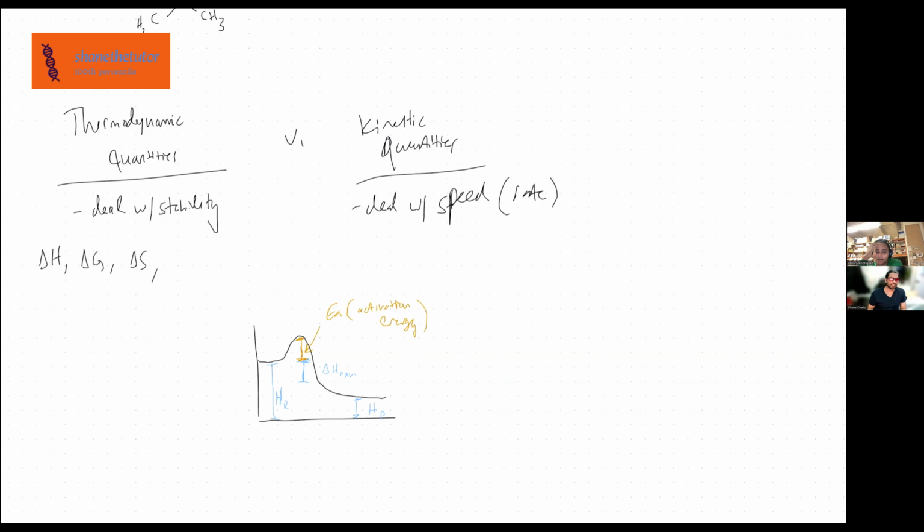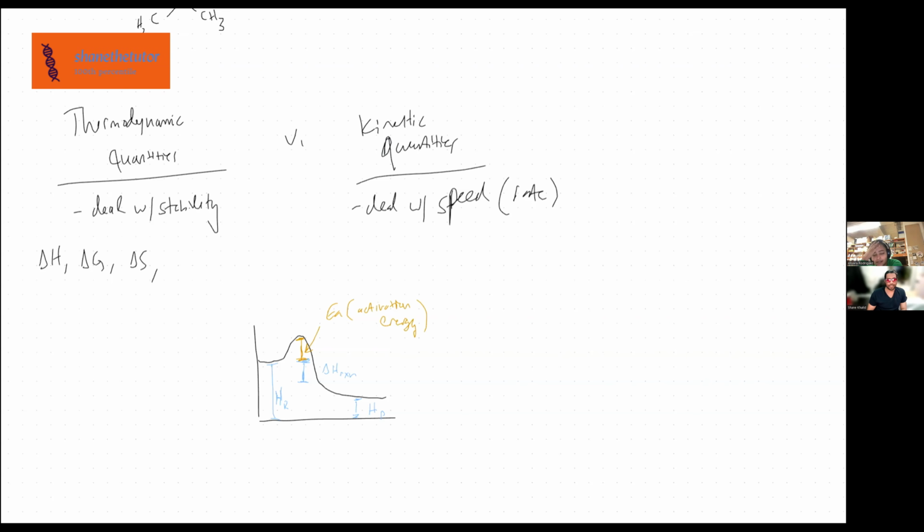What exists at that state? We know reactants are on the left, products are on the right. What do you think would be an intermediate, like a close? Maybe transition state? Yeah.